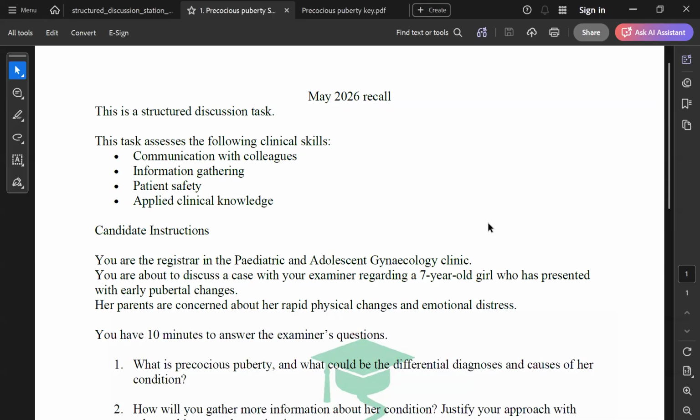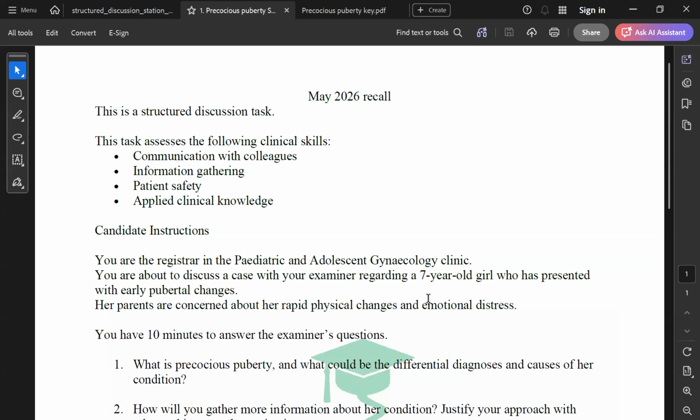So the differential diagnosis in this patient could be central precocious puberty, in which case it is from the central nervous system.